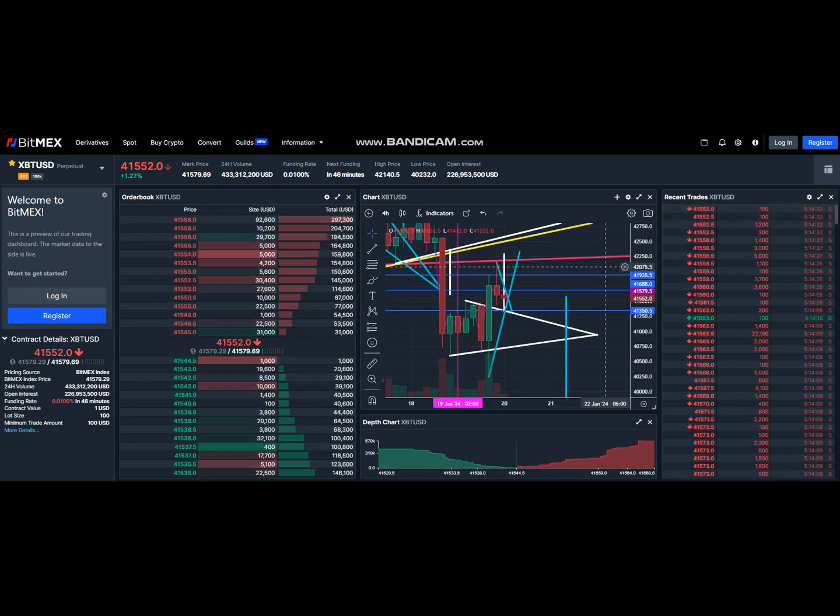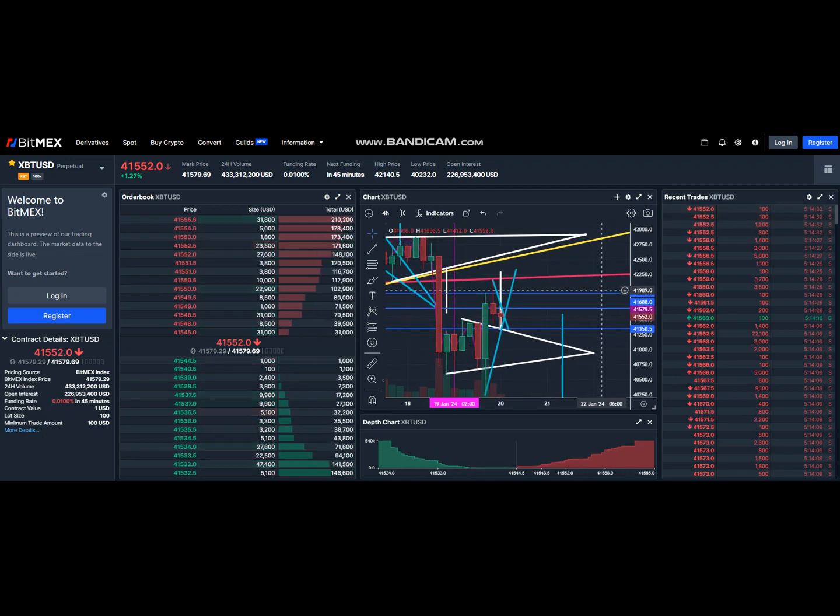My account balance was 5 XBT when I transferred the 500 into the BitMEX account. Since then, I've made another 3. So I'm now standing on 8 XBT with the 500 rand that I transferred into this account.